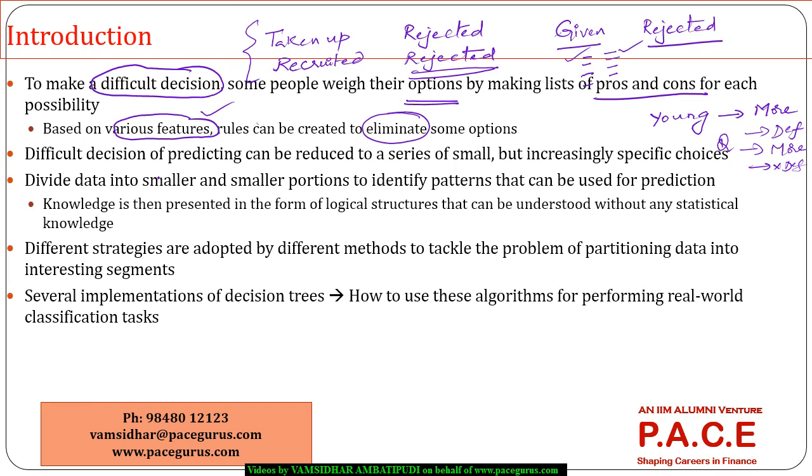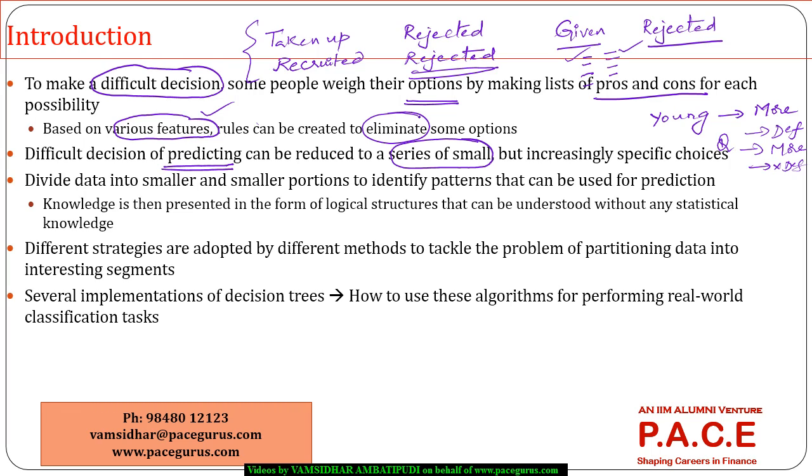And based on that, I might end up taking my decision. So that is how, when I am presented with a decision-making role and I have to take a decision, I would be following such a process. This is how I make predictions. By doing some kind of elimination, I am reducing them to a small set of choices.